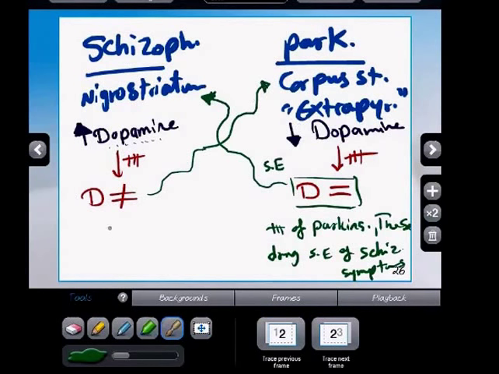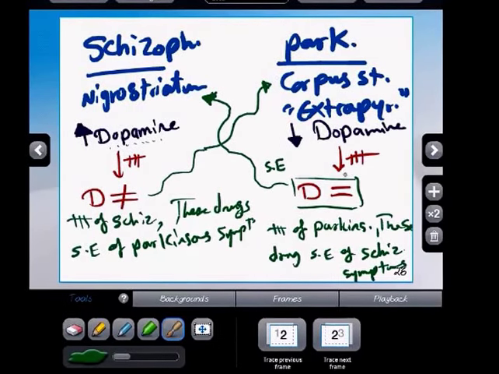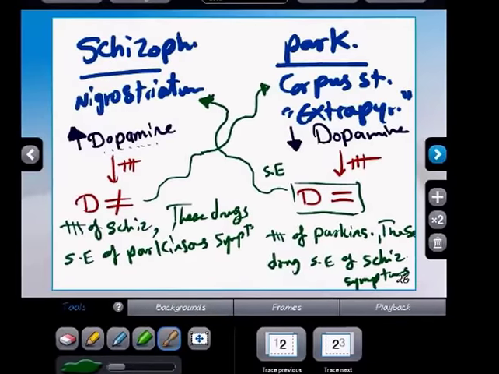So these drugs can give a side effect of Parkinson's symptoms, like tremors, agitation, involuntary movement, akathisia, dyskinesia, and so on, which are the problems of Parkinson's. That's very important.